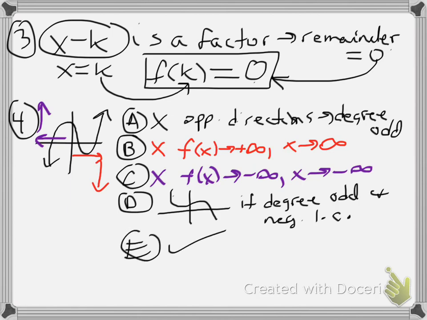Okay. One more question in this section, number 5. We clear the background here. Okay, number 5. We're given the function f of x equals a x to the nth power.